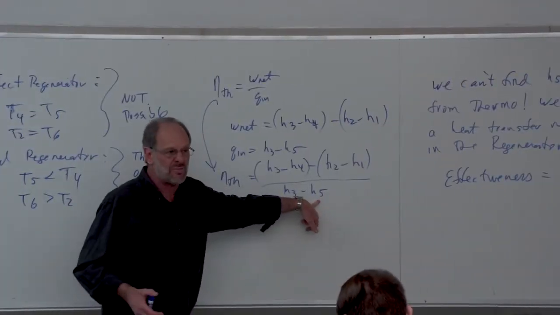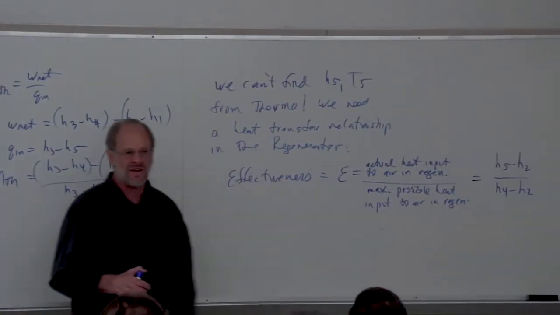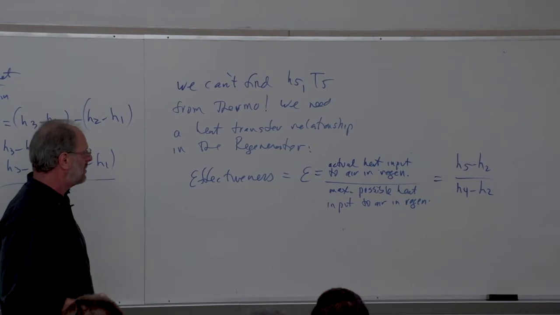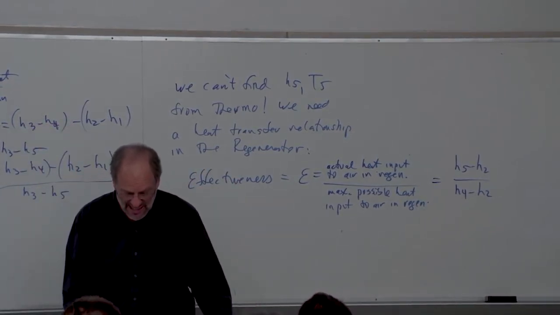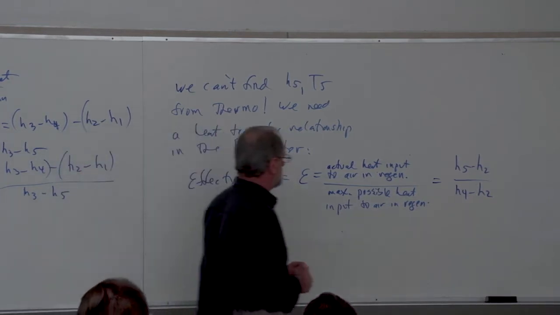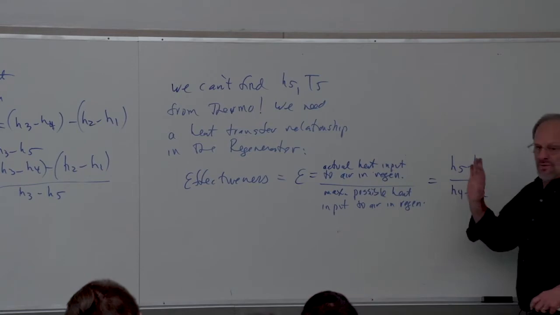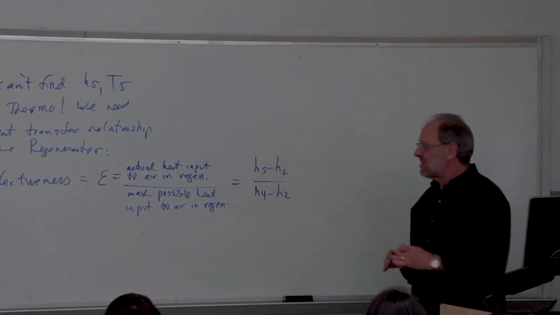Right? We need that enthalpy at 5, and the way we find it is through the given value of the regenerator effectiveness. So that's always going to be given to you, and this is the equation we use. We'll solve it for H5, and, well, that would be that. Now, again, if we were using the method of variable specific heats, all these equations are valid as shown on the board.